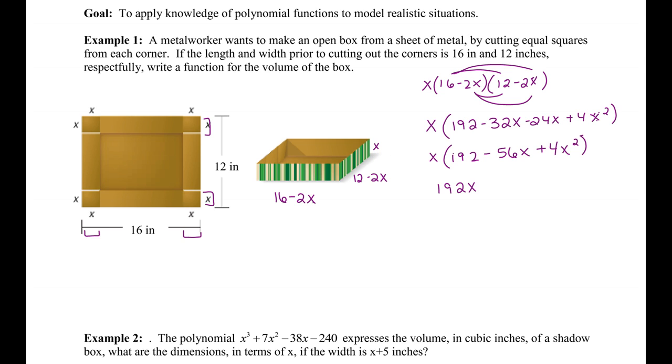So I get 192x minus 56x squared plus 4x cubed. I'm going to finish by putting my answer in standard form, which is decreasing order by degree. So 4x cubed minus 56x squared plus 192x.